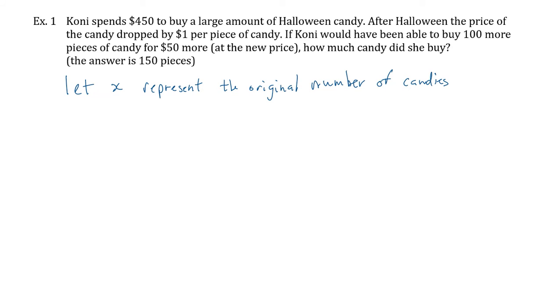What can I do with it that's kind of simple and straightforward? Anybody have an idea? Add 100. And what would that be? Let X plus 100 represent the new number. Yeah, very good. That's exactly right. Then X plus 100 is the new number that she could have bought.